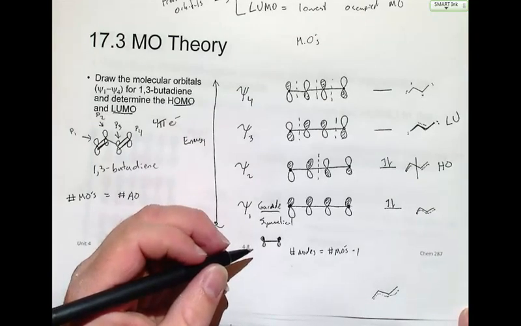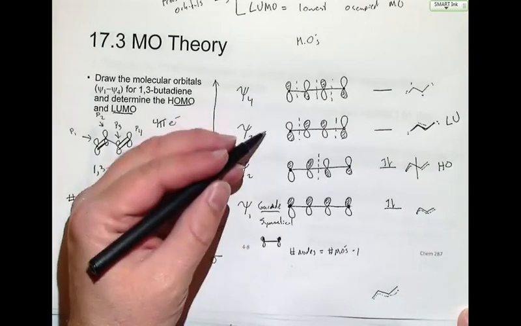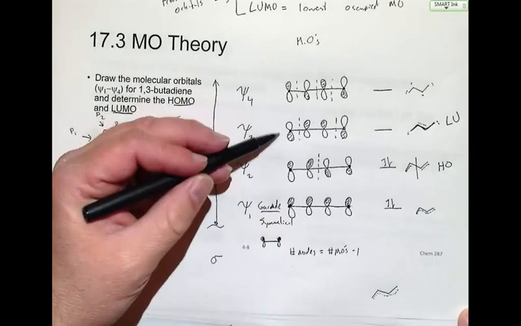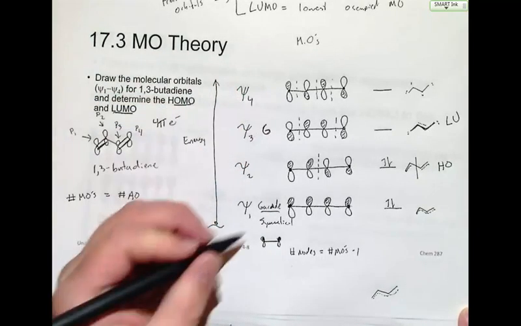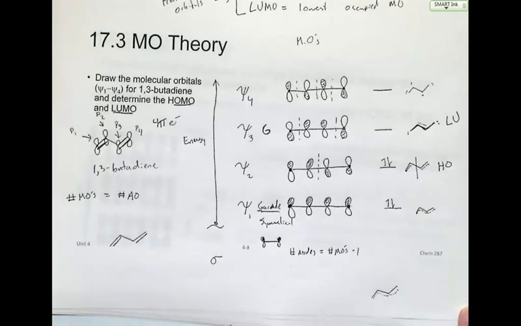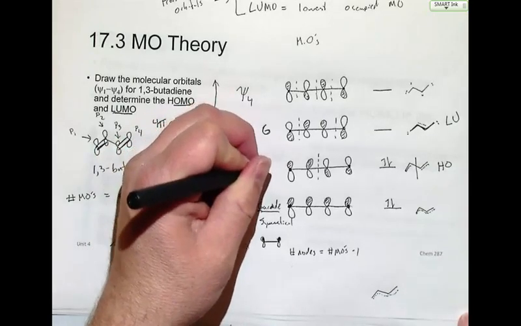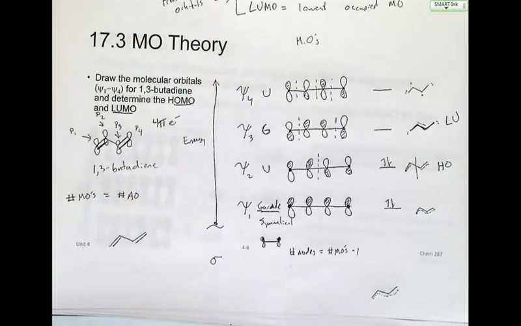Now, psi1 and psi3 are both gerade, right? We can put a G next to this one as well. However, psi2 and psi4, those are ungerade. They're not symmetrical.